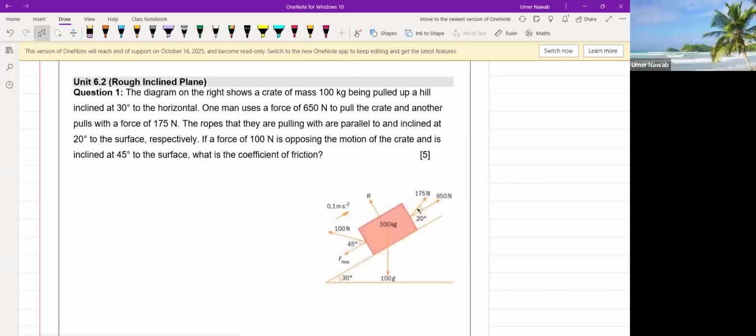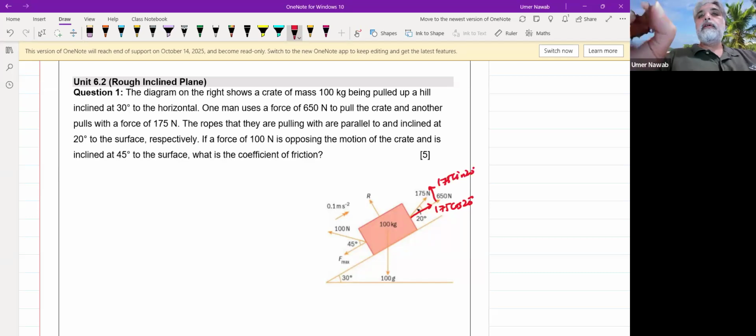Now we go to unit 6.2, which is rough inclined plane. We have to resolve all the forces. We have 175 newtons already acting along the plane. Can I resolve this force? So this is 175 cosine of 20 and there is an upward force 175 sine of 20.